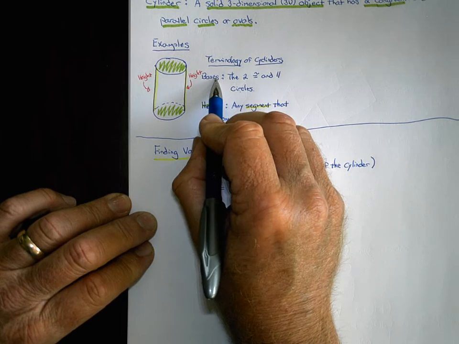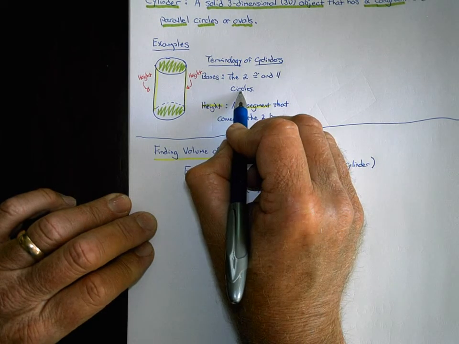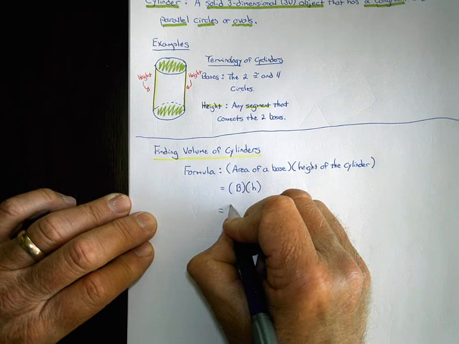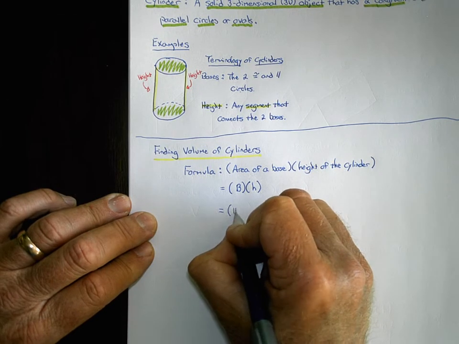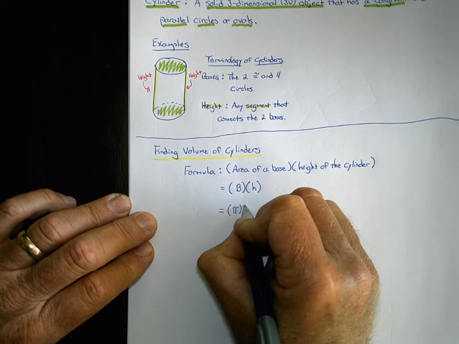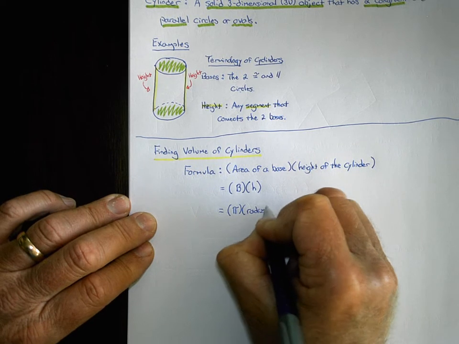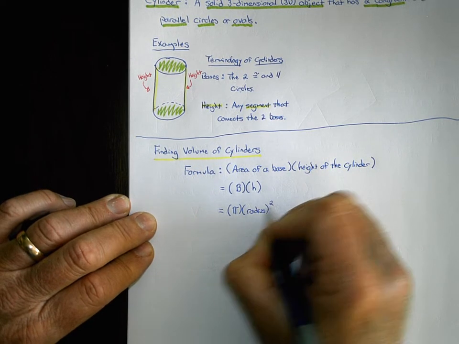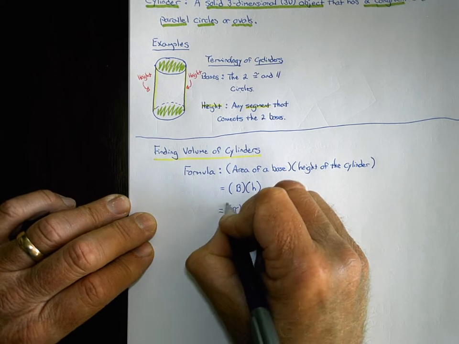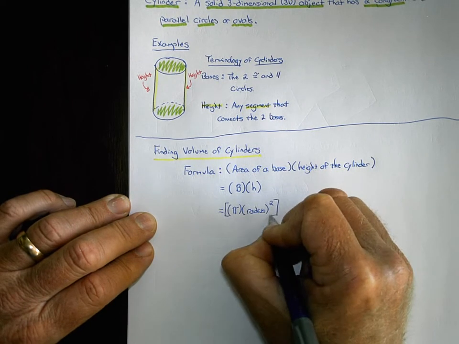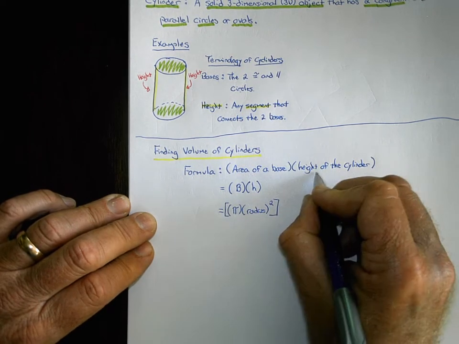bases will always be circles, to find the area of a circle, remember, you go pi, you multiply it by the radius squared, and then that's how you would find the area of the base, and then you would multiply it by the height of the cylinder.